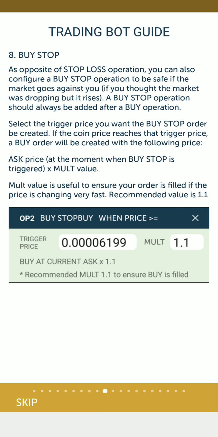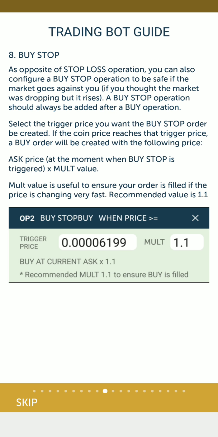Now, if you want to ask what the multiplier is, the multiplier value is useful to ensure your order is filled if the price changes very fast. Recommended value is 1.1. Now, the reason why they use the multiplier is if you've ever been staring at a chart and all of a sudden you see a red or green candle spike up 20% and then dip right back down.